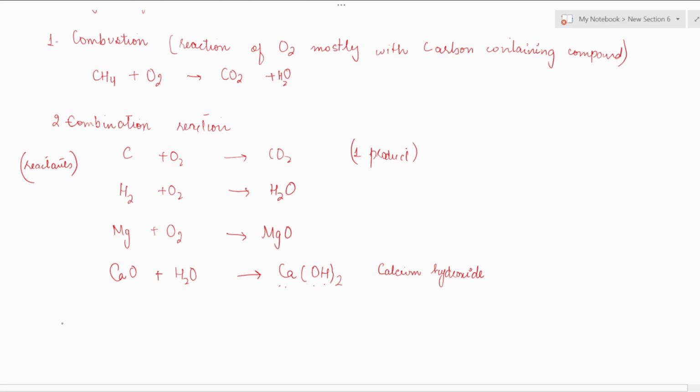So as we have the combination, we have the decomposition one, in which one reactant breaks into two or more products. Or here in combination we have two or more reactants into one product.